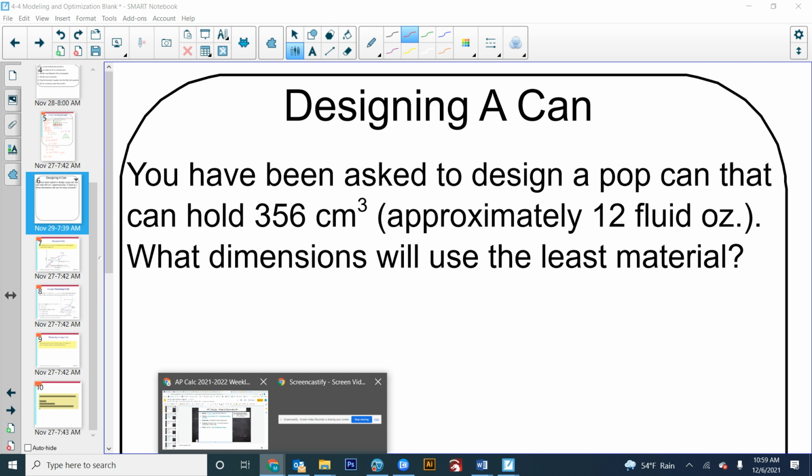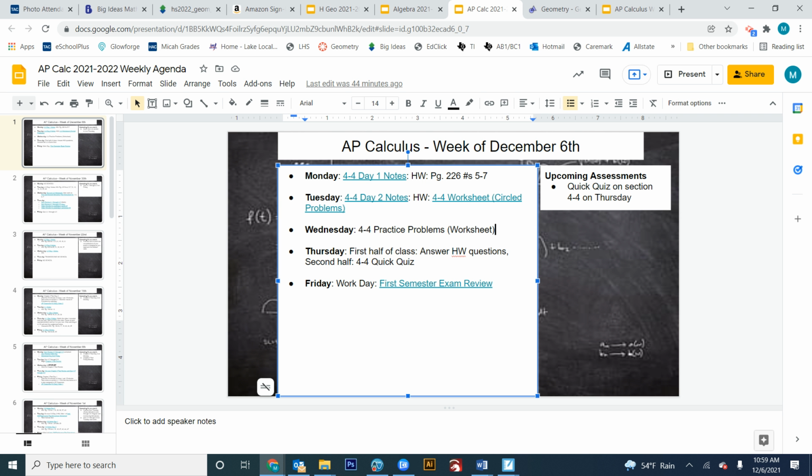Tonight's homework. Only 3 problems. Page 226, 5, 6, and 7.